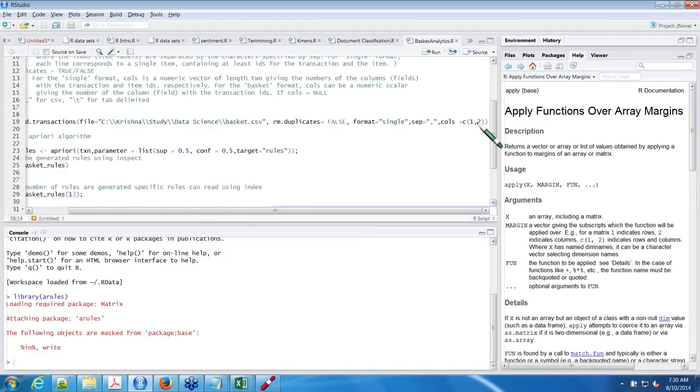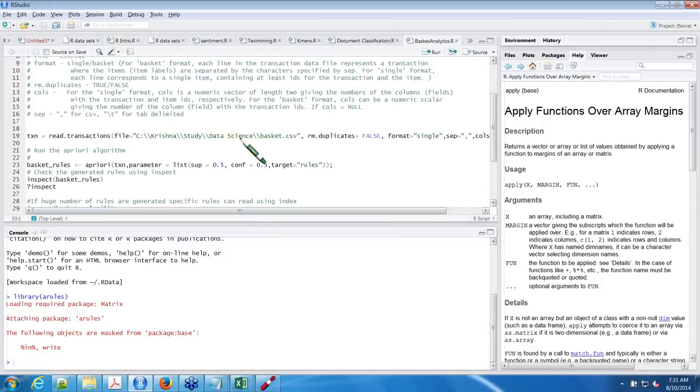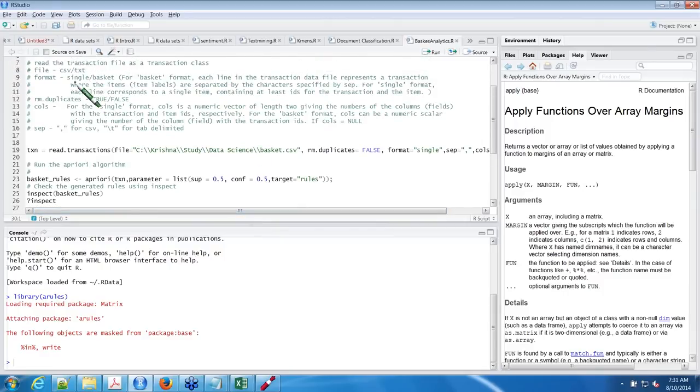Format single means a single basket, where each line has the transaction ID and the product name. Here we do not require a customer ID. We are not going to profile them or analyze based on customer ID. It's only market basket analysis, not based on customer. Fine, Sundar?